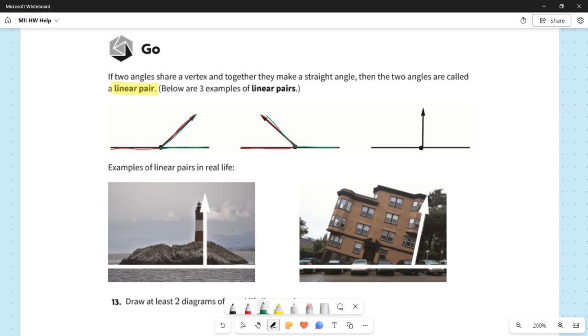So those two angles share a vertex, and these two angles also share a vertex. It's the same point. And the two angles, when you put them side by side like this, they make a straight angle. So that's a straight angle. That's a straight angle. That's a straight angle. Then they are called a linear pair.